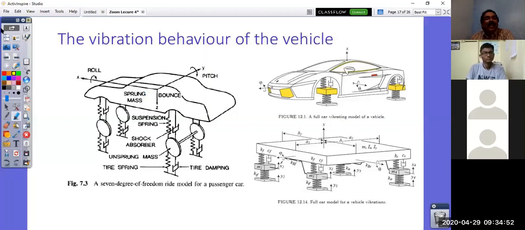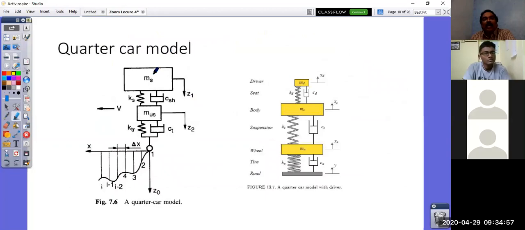So for such a study, the simplified models are like the following: a quarter car model, 1/4 of the mass, sprung mass over one wheel. If I consider the road undulation excitation, it can make this model vibrate, right? So I can come to know the natural frequency of the sprung mass and unsprung mass.